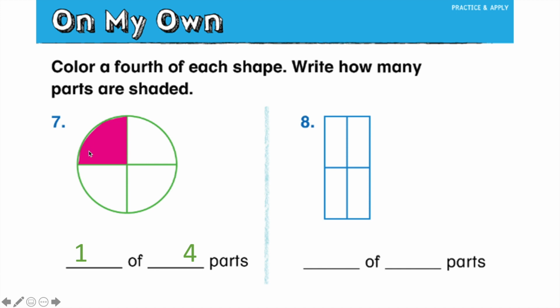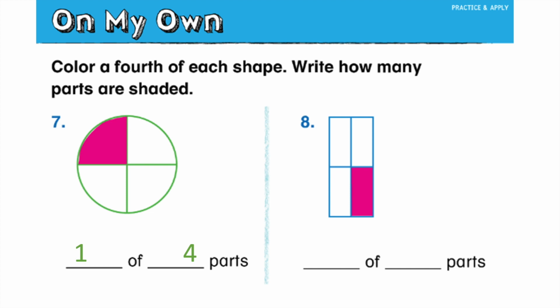Look at the circle, only 1 part is colored out of 1, 2, 3, 4, out of 4 parts that we had. For number 8, same thing. I see 1, 2, 3, 4. I see 4/4, but it's asking us to color a fourth or a quarter of the shape.